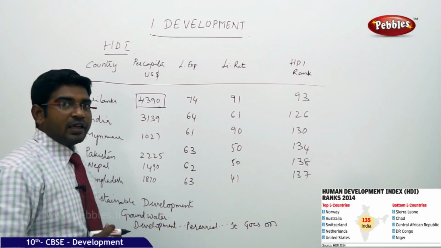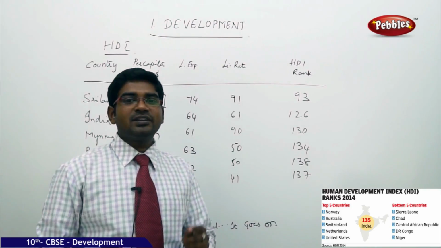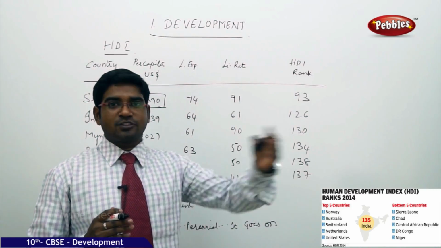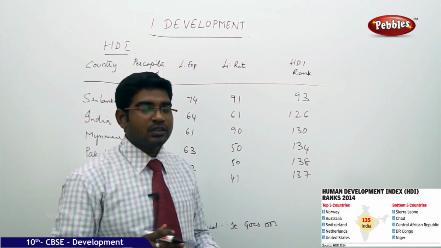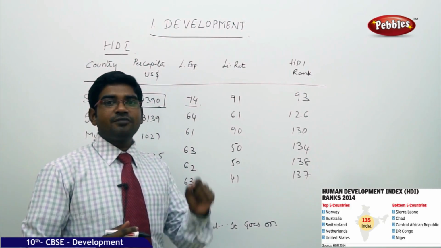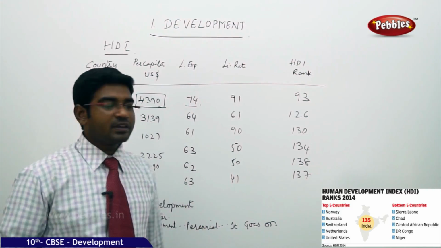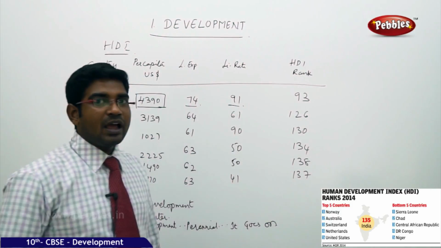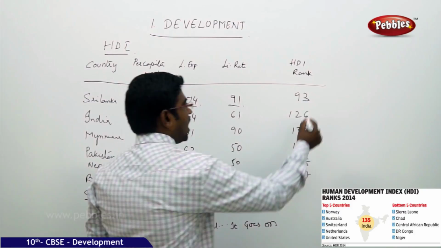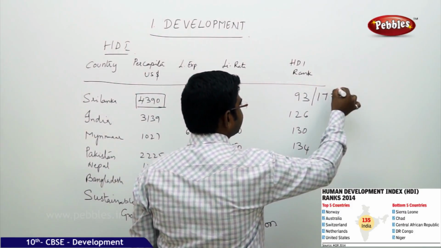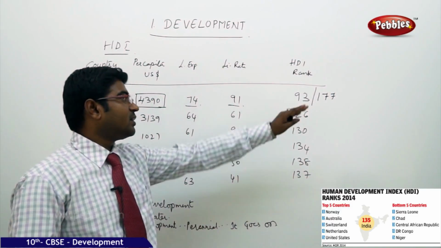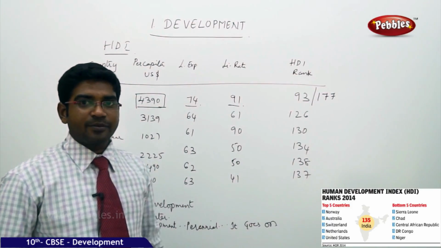Life expectancy, the number of years averagely expected from birth to death, is 74 in Sri Lanka. Literacy rate, the number of educated people per 100 people, is 91 out of 100. And the Human Development Index ranking is 93 out of 177. The total number of countries in this category is 177, and Sri Lanka is at the 93rd rank.